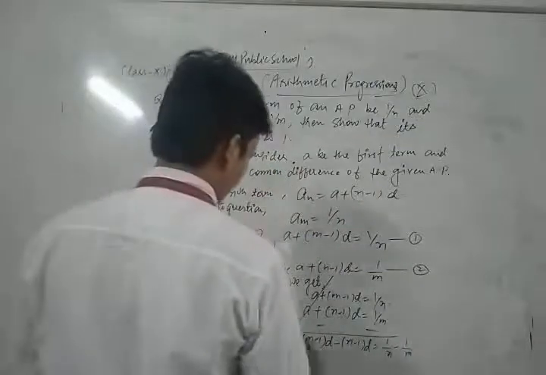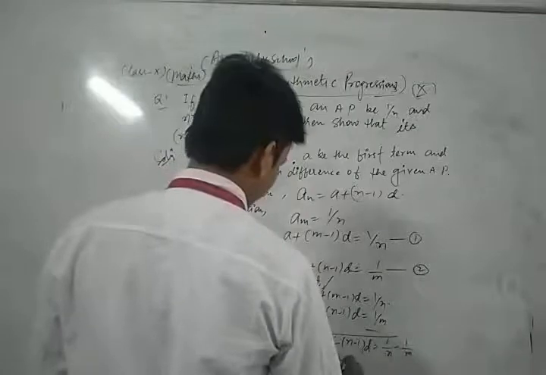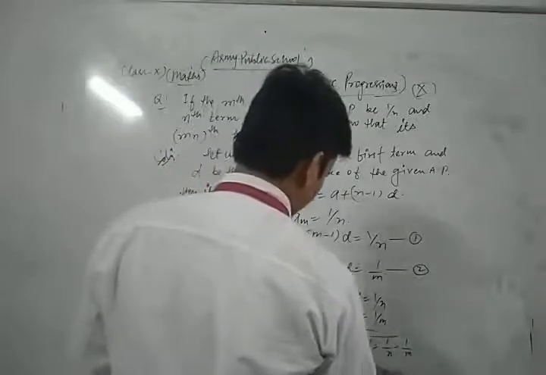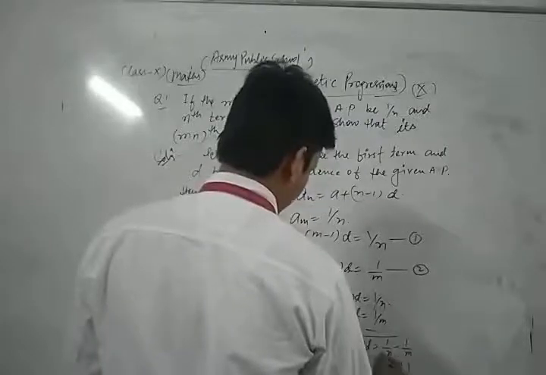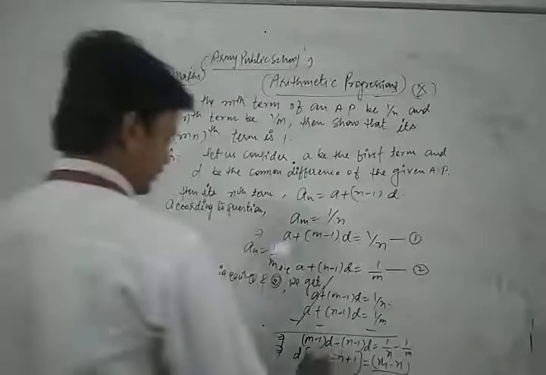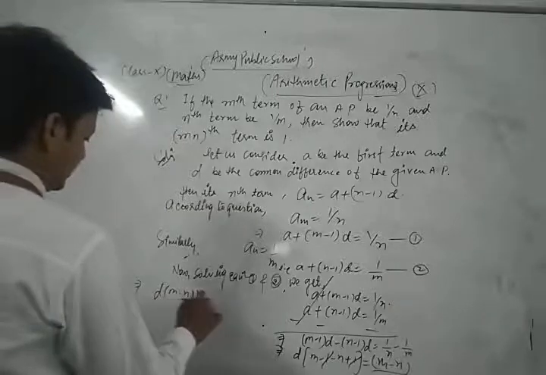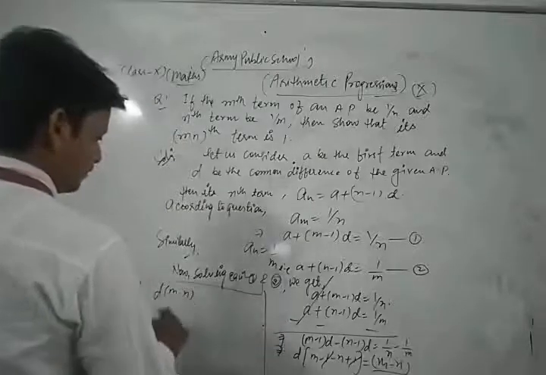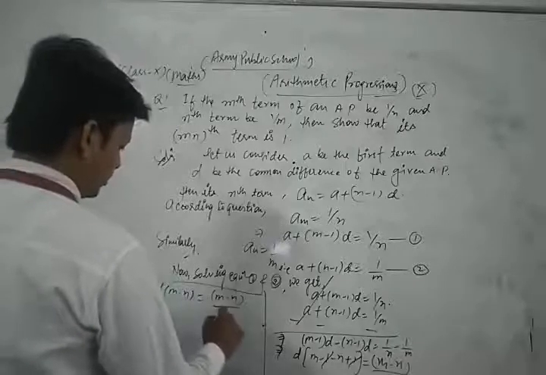Now we take d as common, so we get m minus 1 minus n plus 1. Taking mn as LCM, the right side is m minus n upon mn. So d into m minus n is equal to m minus n upon mn.